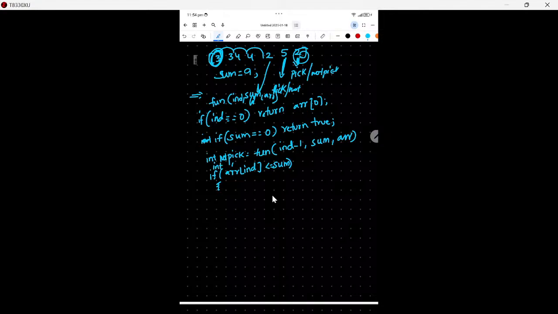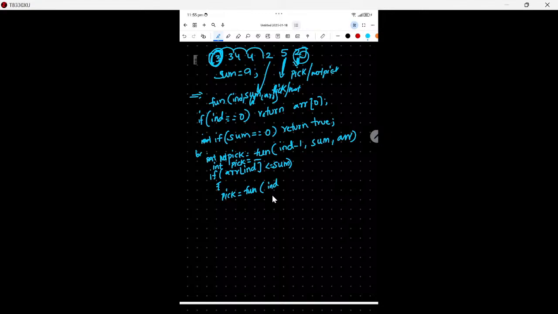You can write pick equal to some initial value.